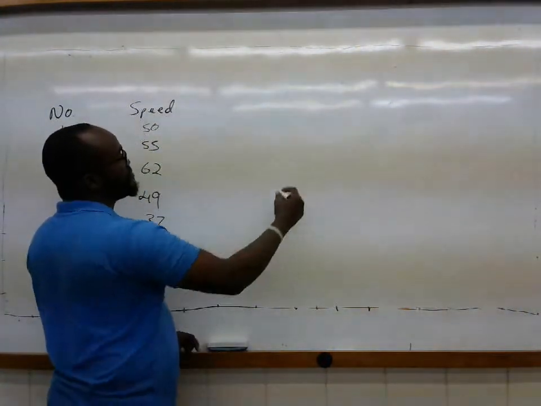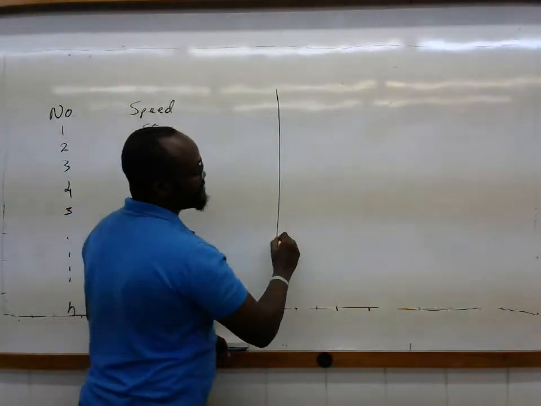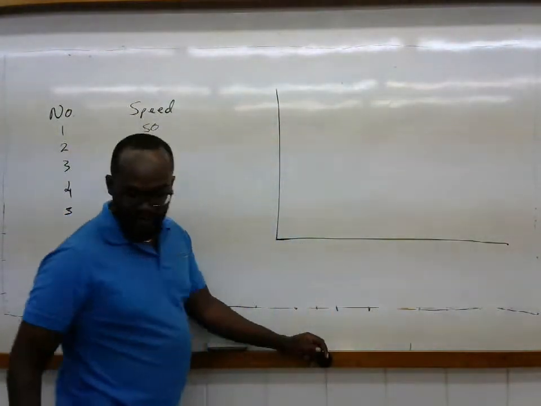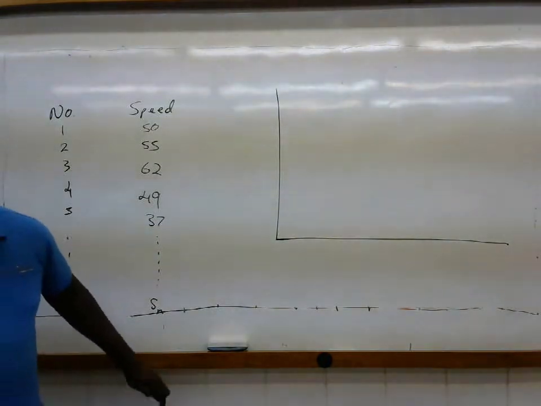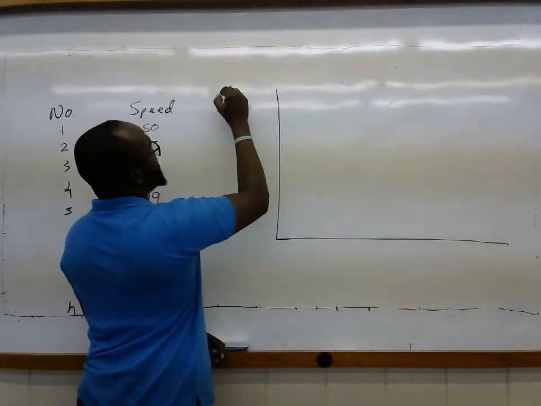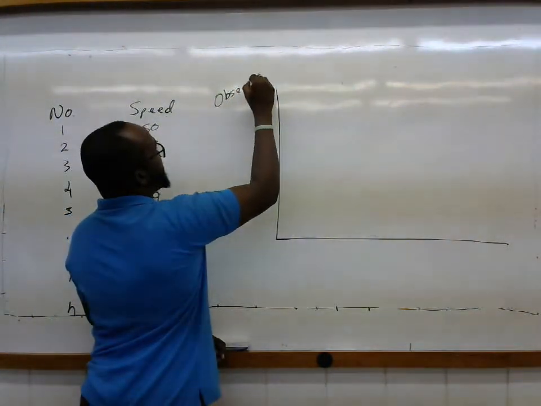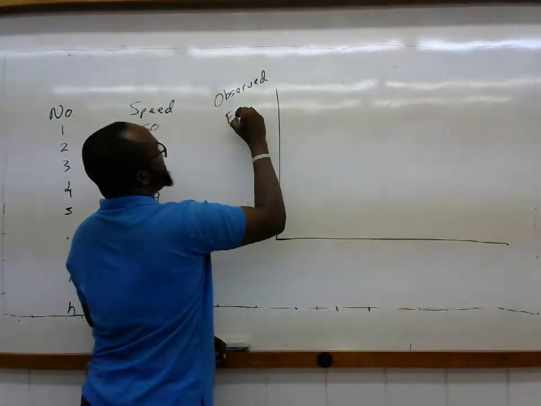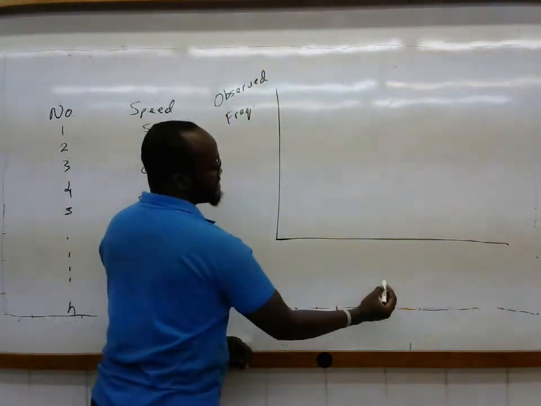So, starting with the frequency distribution, we have observed frequency versus speed.